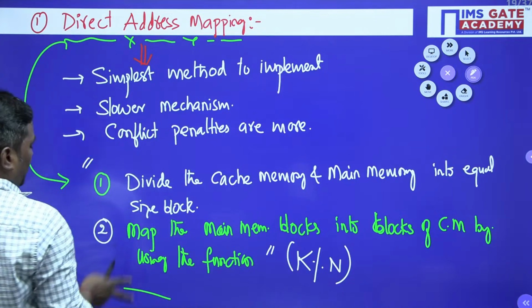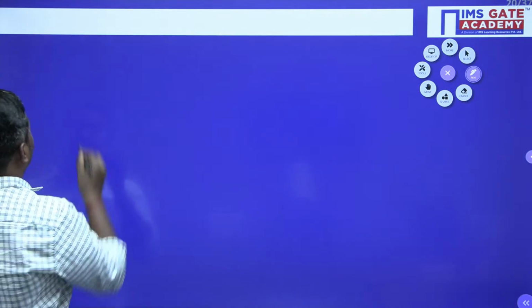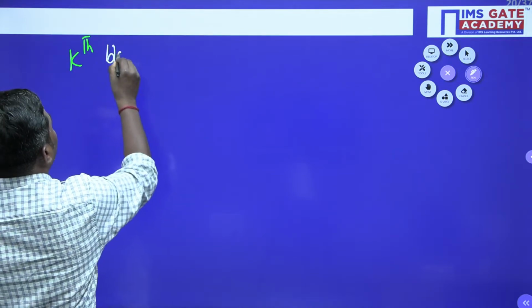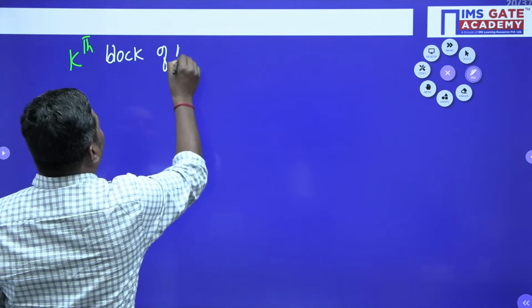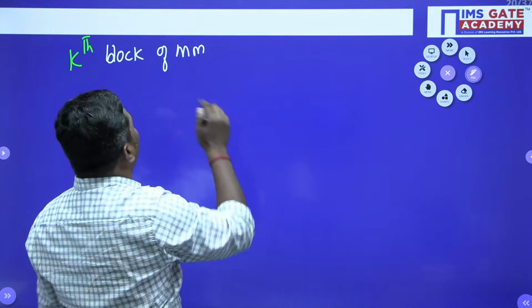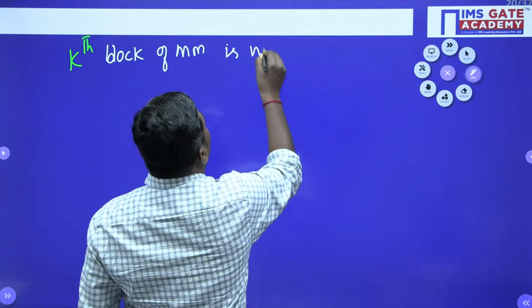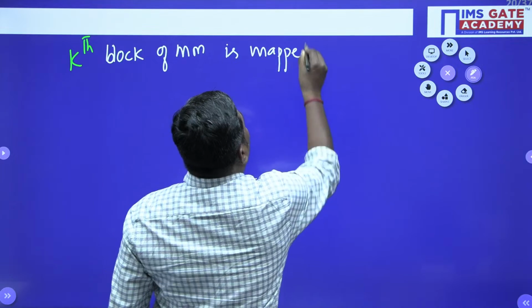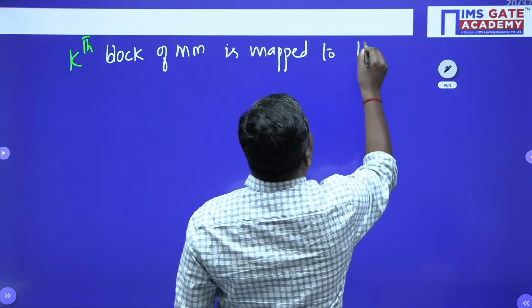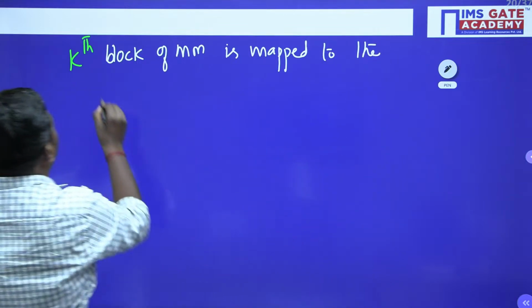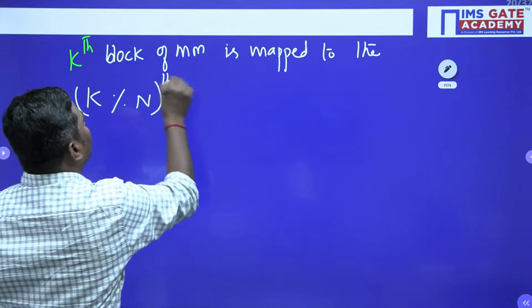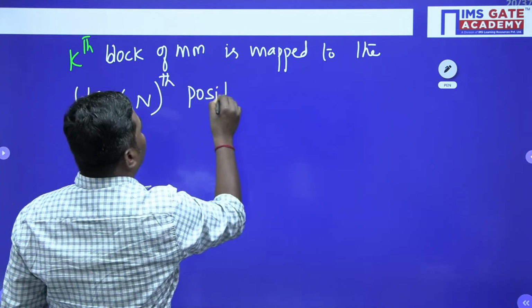Please understand, the kth block of main memory is mapped to the k modulo n th position.